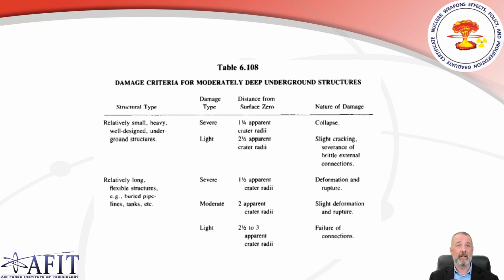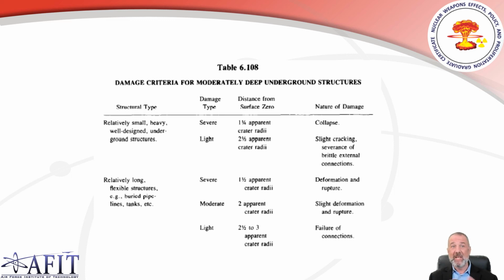And again, the previous plot with the different yields showing, how far away are they versus are they going to sustain some sort of damage, and then this table kind of delineates what that damage would be. In the next lecture, we're going to look at what occurs underwater, and very much like underground is very different from atmospheric effects.